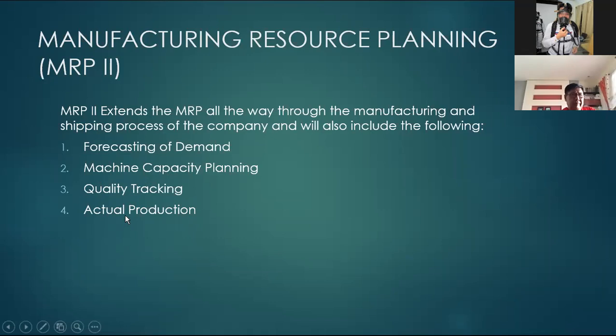So the root words here are manufacturing and shipping process. If our MRP only goes up to ordering and receiving the item, here our data goes all the way to the manufacturing and shipping process. Because once the items are available and delivered to the consumers, the MRP ends. MRP stops upon the delivery of material.